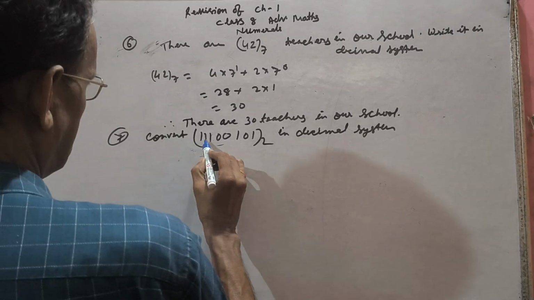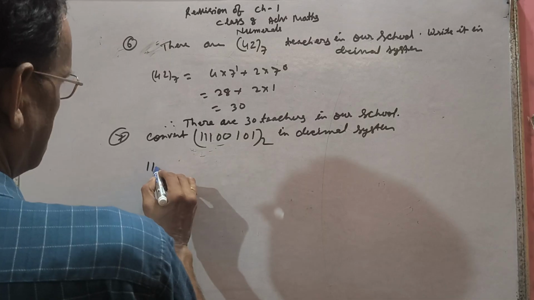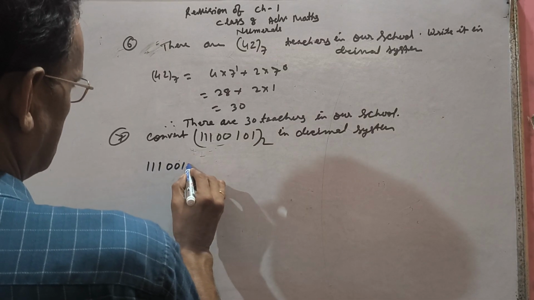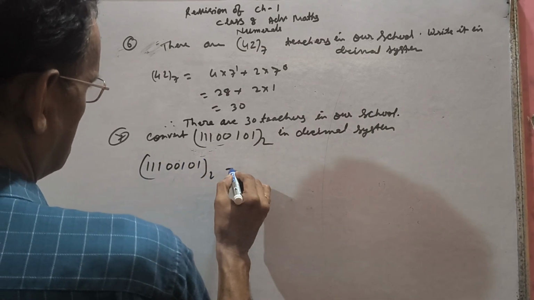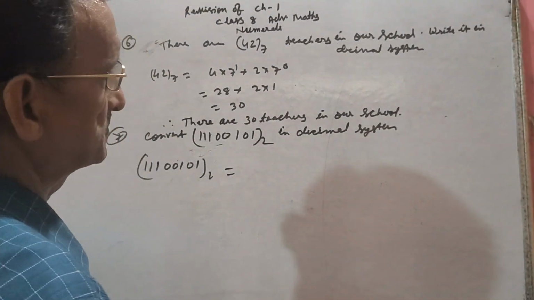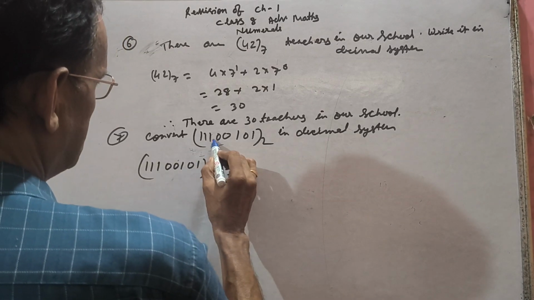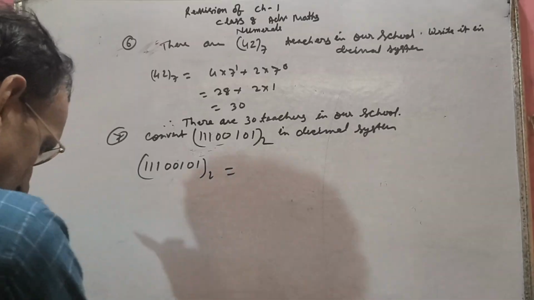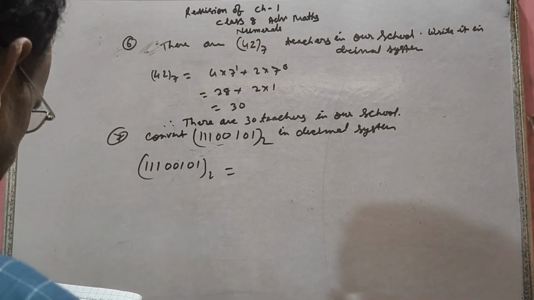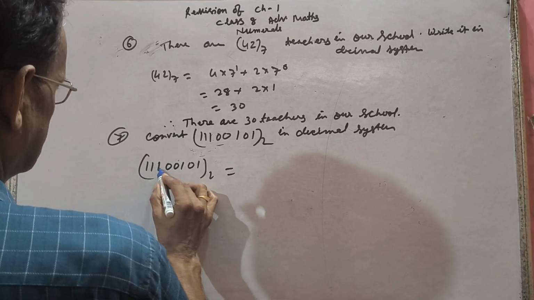So count the digits: 1, 2, 3, 4, 5, 6, 7, 8 digits. We will start as a product with base 2. The number of digits is 8, so start with the power 7.